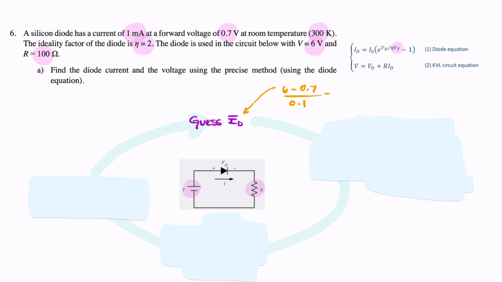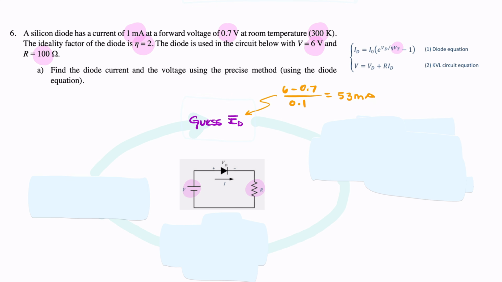I get my results in milliamperes, so 53 milliamps. That's my first guess. It's probably not a very good guess, but it's not too far off because it isn't unreasonable to expect VD to be around 0.7. So that's my 53.